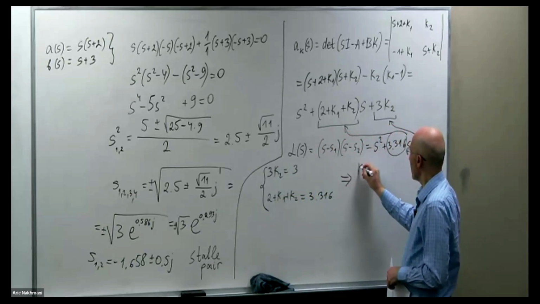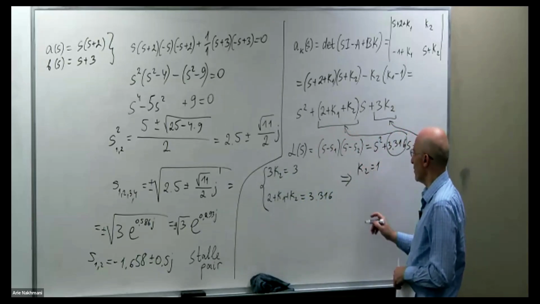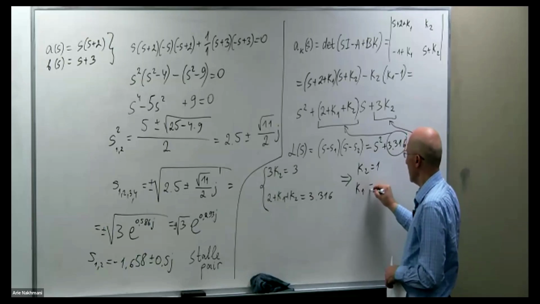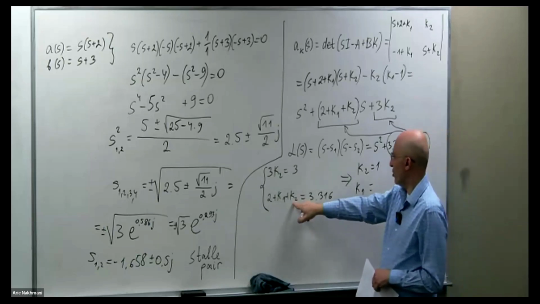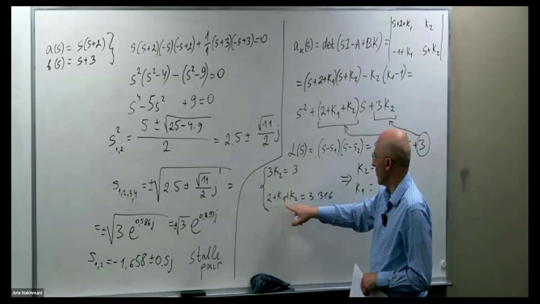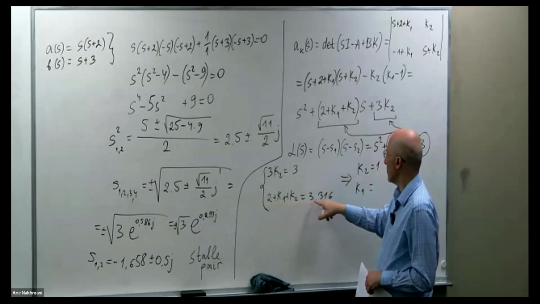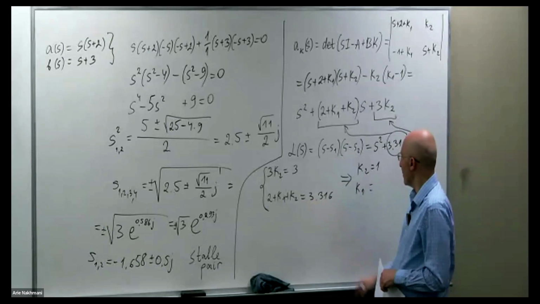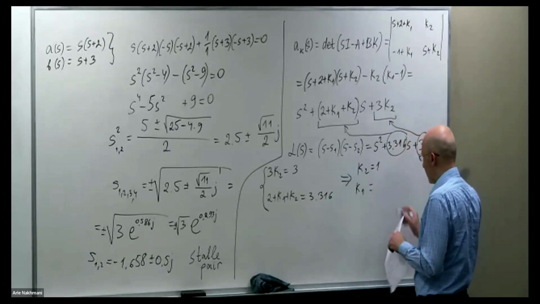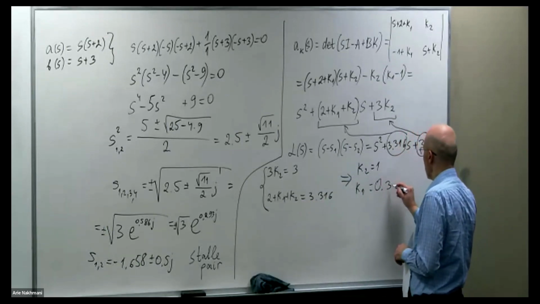From here, K2 equals 1, and K1 equals, so K2 is 1. So it's like 3 here, and you cancel that with that 3, you get 0.316.